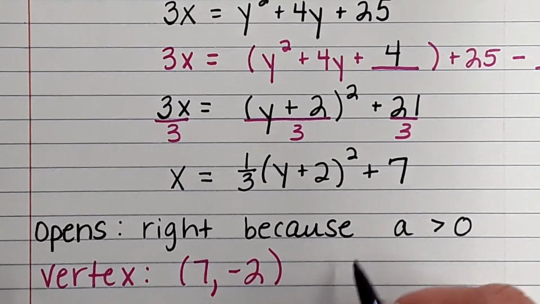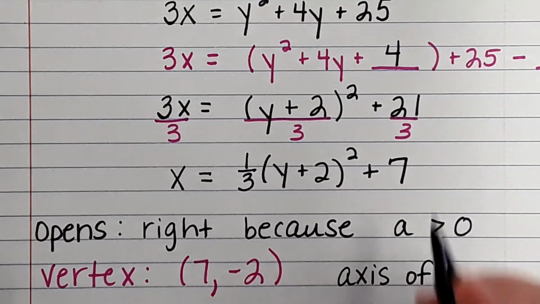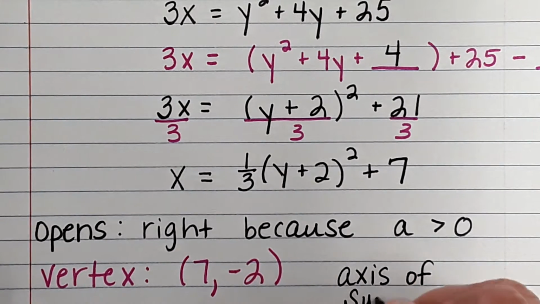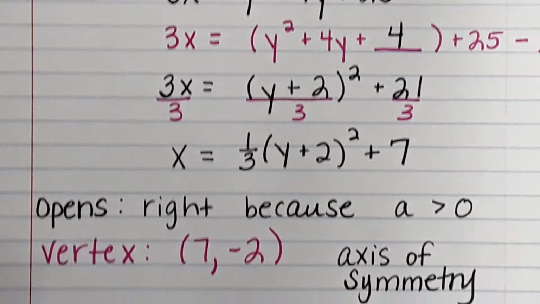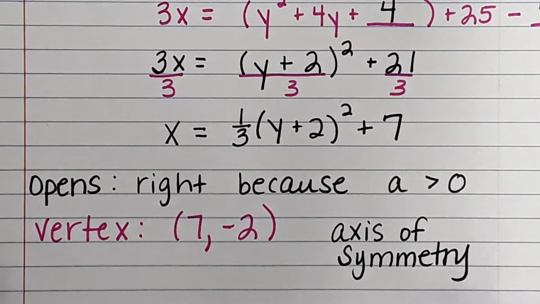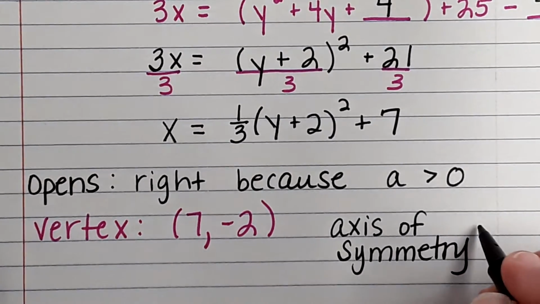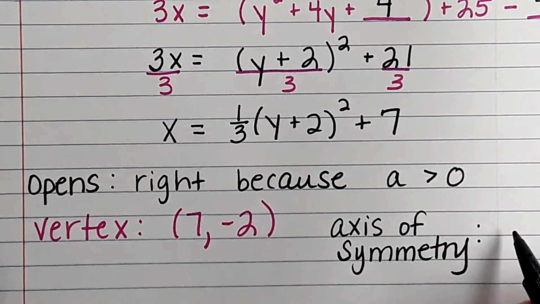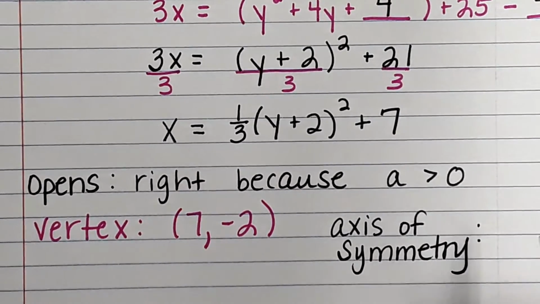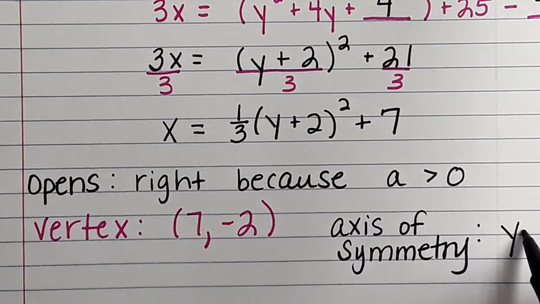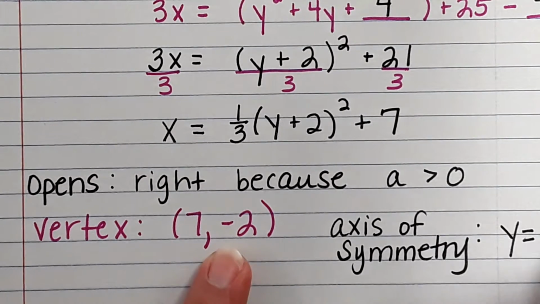Now I want to find that axis of symmetry. So your axis of symmetry is, since this is a right or left equation, going to be y equals -2.